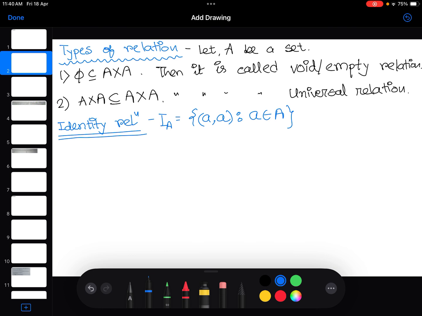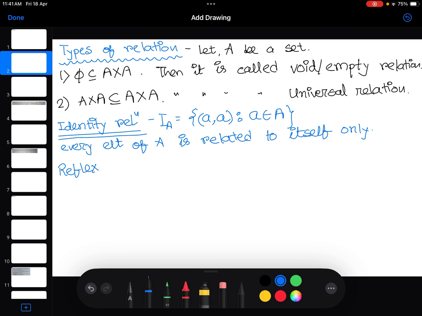If we explain it, every element of A is related to itself only. Right. Now we take the reflexive relation. We will understand more about this by an example.